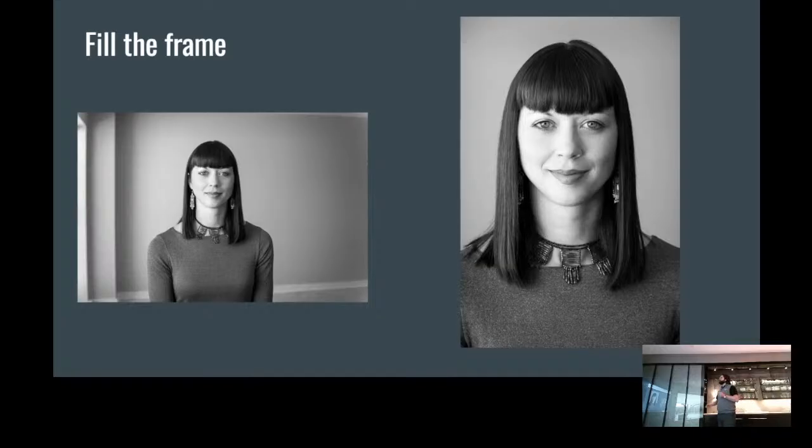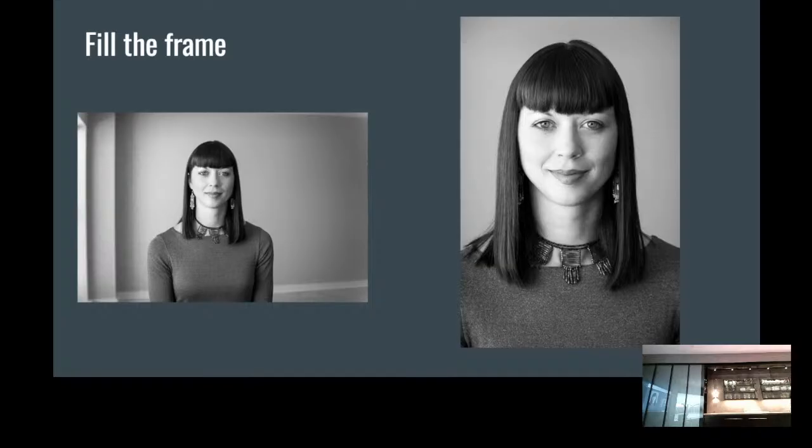When it comes to portrait photography, one of the first things, and it's a simple thing you can do, is fill the frame. When we take photos of people, objects, things, we tend to get a lot of background interference. We're going to call that negative space. If you look at the photo on the left, everything around our subject is negative space.